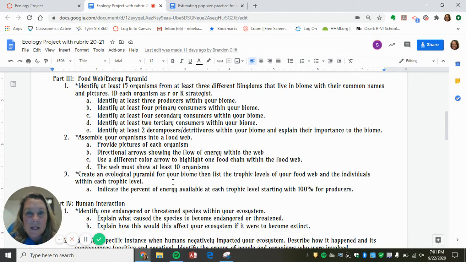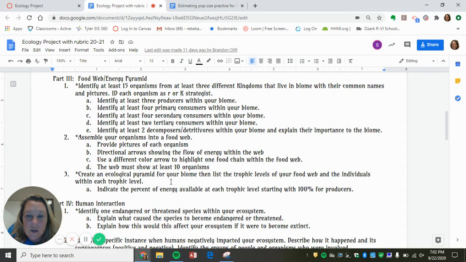So I would Google energy pyramid template or energy pyramid blank, and then you will get a bunch of pyramids, and you can pick one of those and then fill it in with the pictures you have from numbers 1 and 2.